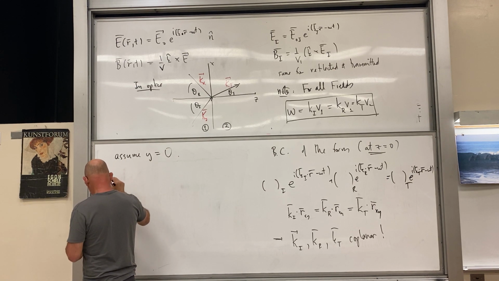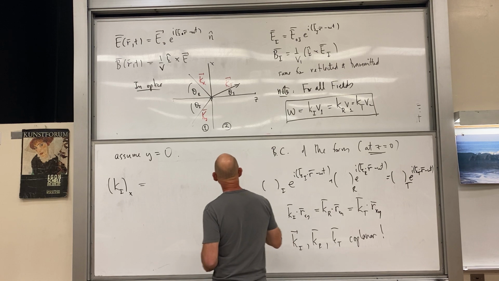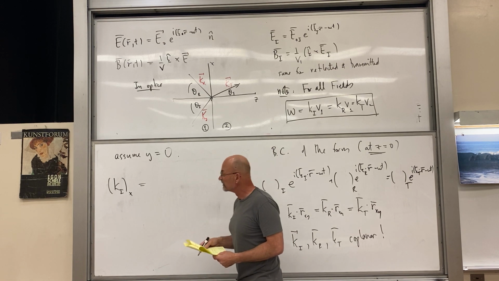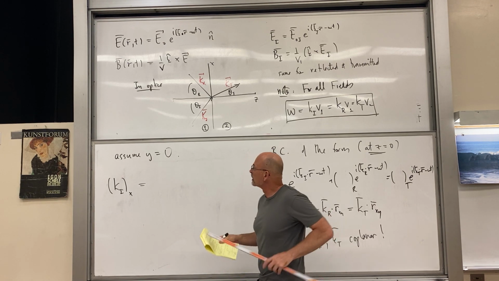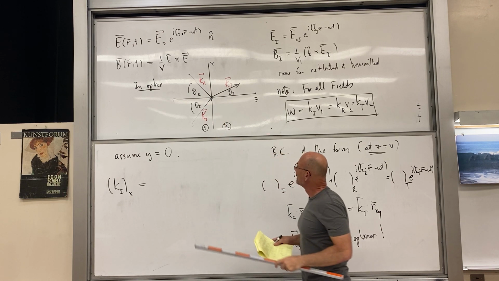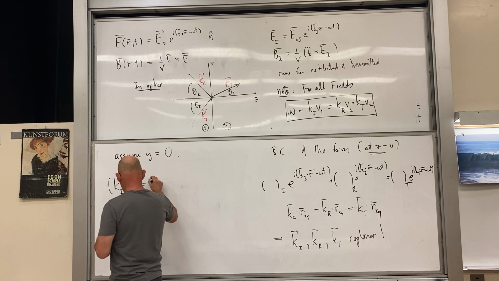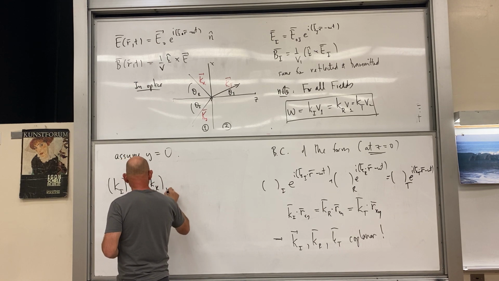We have k incident. Now it's just the x component. So literally this picture now. So k's only have their x components and their z components. So k incident x equals k reflected x component.